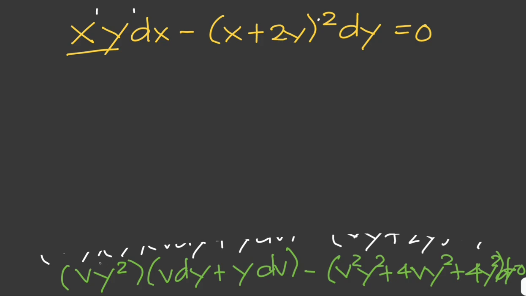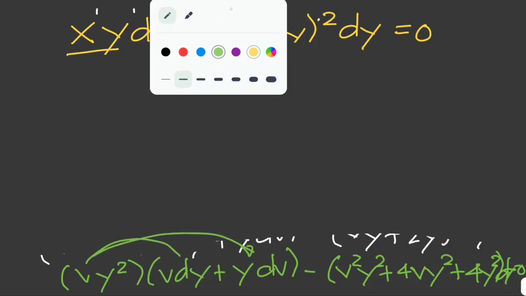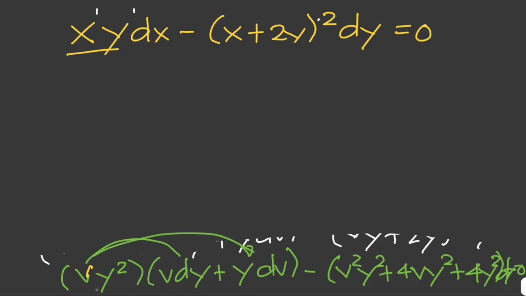And then we further simplify. We distribute this one to here. So this is vy squared times v dy.